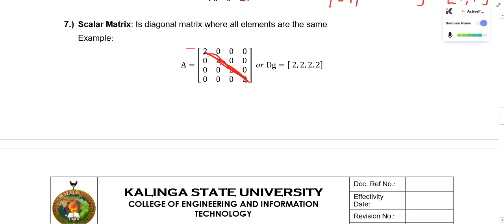And of course, the upper and lower elements are 0. It is also represented by this symbol, the diagonal notation. That is a scalar matrix. The diagonal elements of our matrix are all the same.